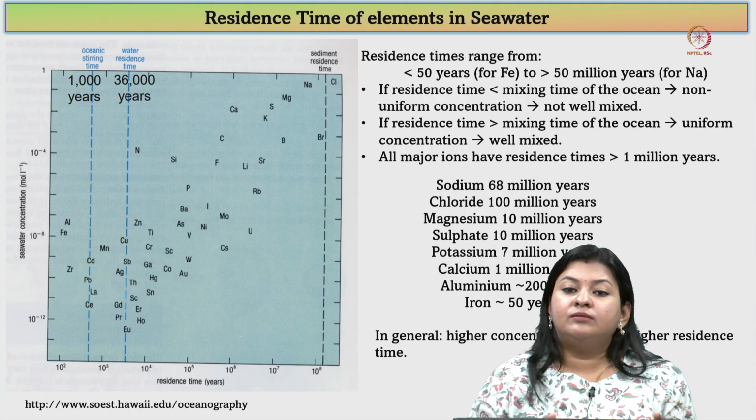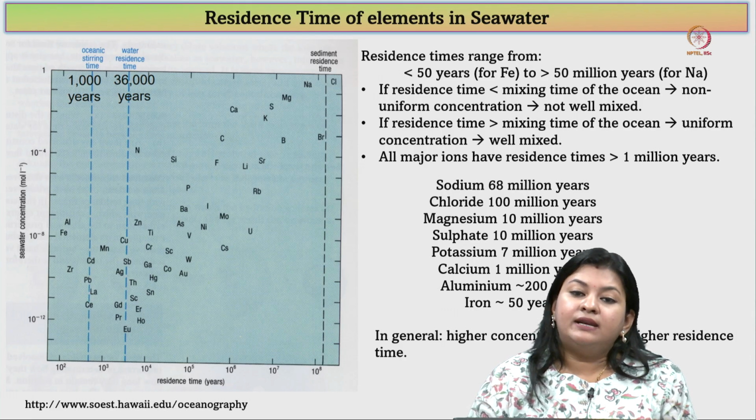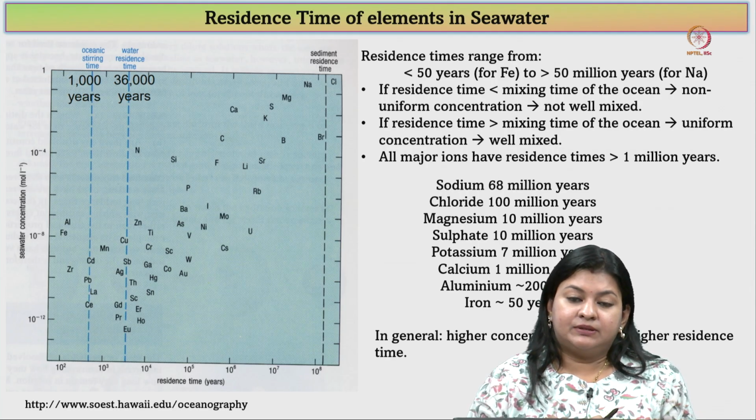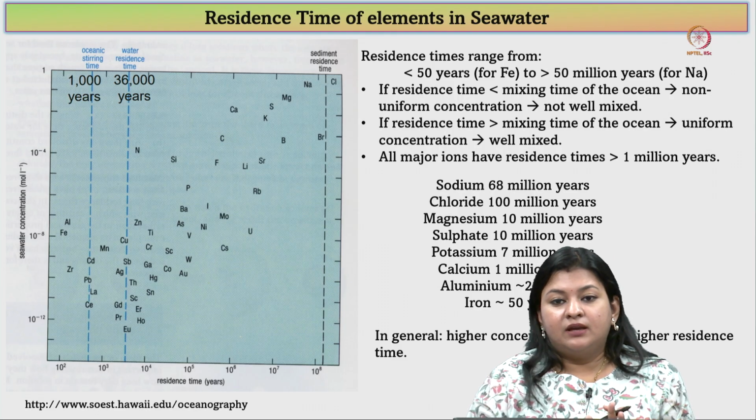For instance, sodium, chloride, calcium, magnesium, sulfate and potassium have very high residence times compared to other elements, for instance iron, manganese, or any other trace element, which have very low residence times.